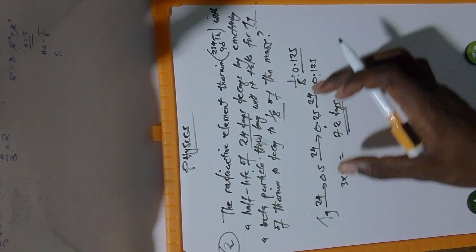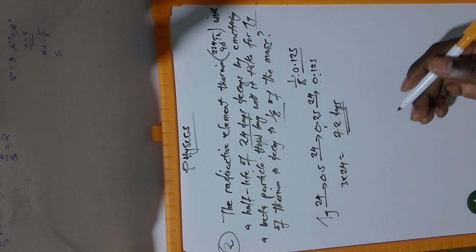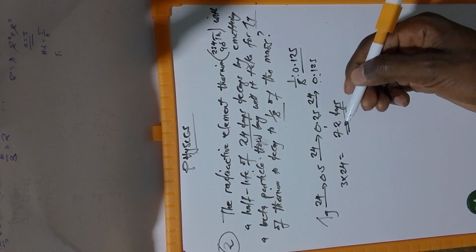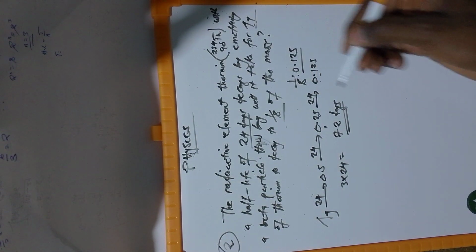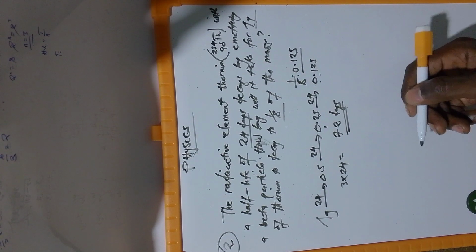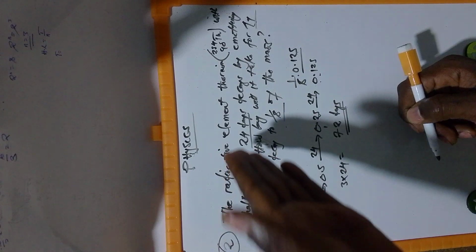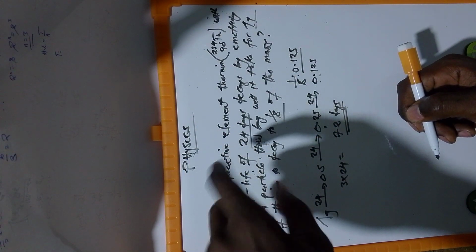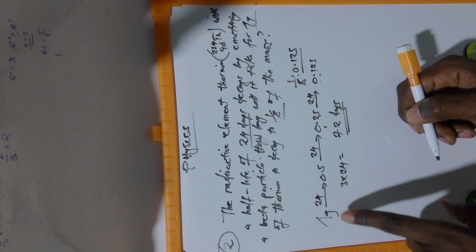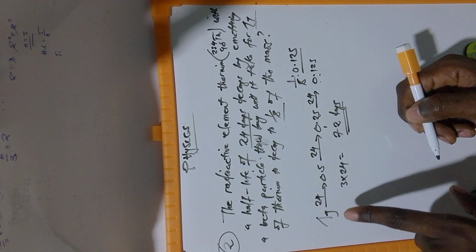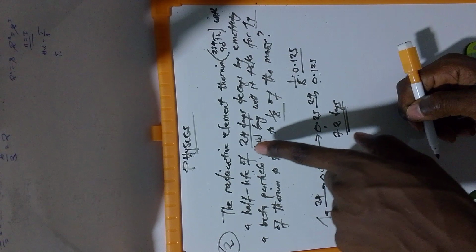So this question, this is the approach. Again, there is another question which cannot be approached in this manner, but it is similar to this one. We can do the same things. So 24 days as the half-life should be put here. Then don't be confused to say, why are we using 24 here? 24 has been given there.